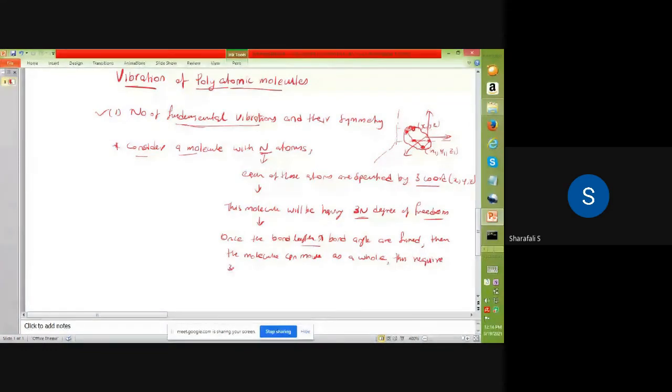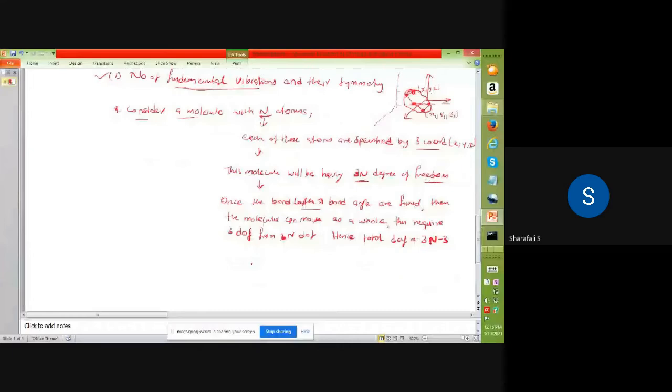So 3 degrees of freedom, which I will write as TOF, are taken from the 3n degrees of freedom of the molecule. From that total of 3n, 3 degrees of freedom will be taken by translation.